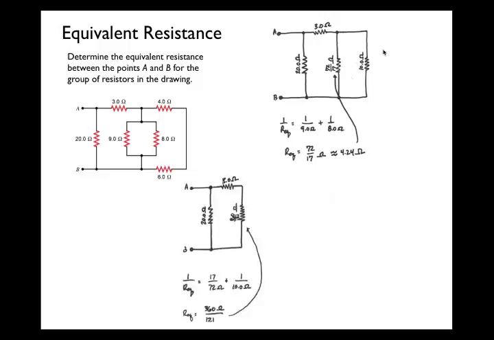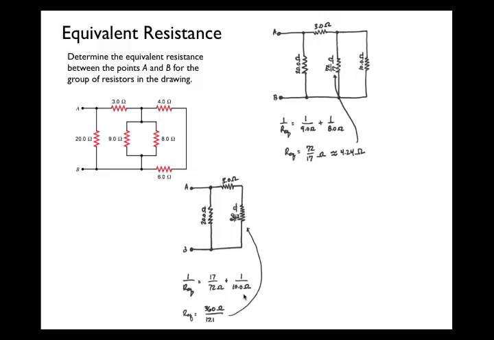Okay, now if I look here, that new equivalent resistance that I found and the other equivalent resistance are now in parallel with one another because of the way they're connected. And so I can find the equivalent resistance of that together. The inverse of 72/17 of an ohm is 17 over 72, plus 1 over 10, which is the resistance of the equivalent part of that circuit.